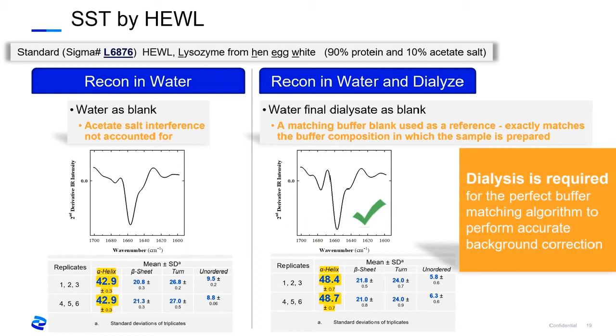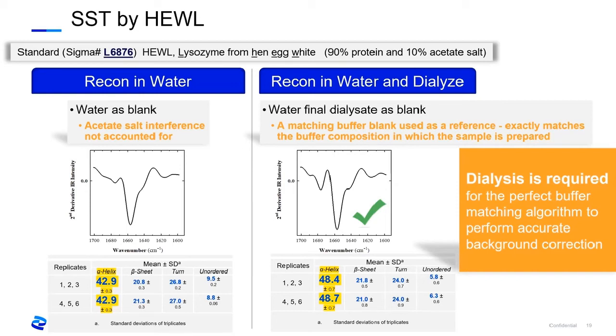Later, we showed that by dialyzing HEWL in water after reconstitution, the buffer blank exactly matches the buffer composition in which the sample is prepared, and using the final dialysate as a reference buffer, the resulting spectrum then correctly reflected just the pure protein standard HEWL. And the HOS composition table is now correct as well.